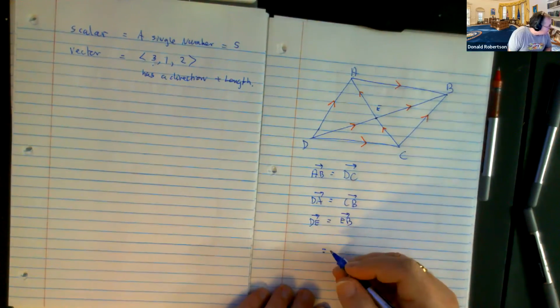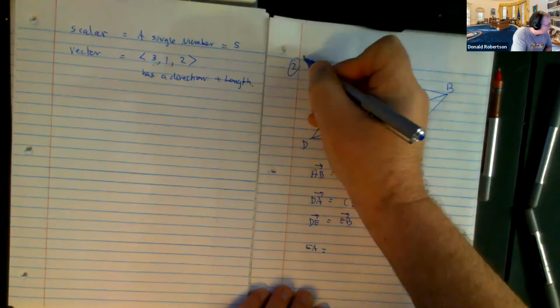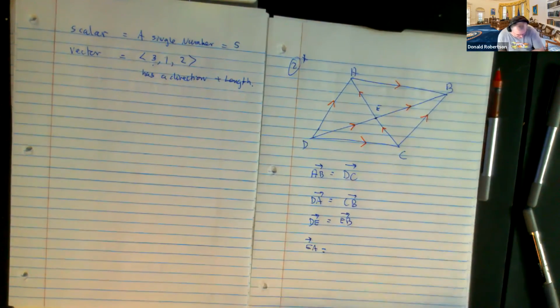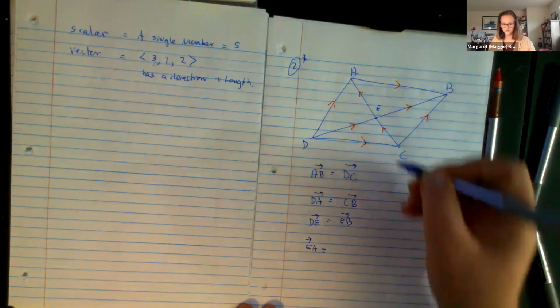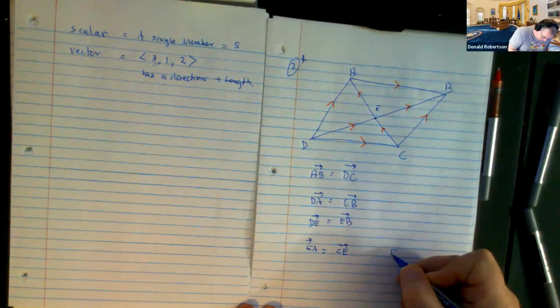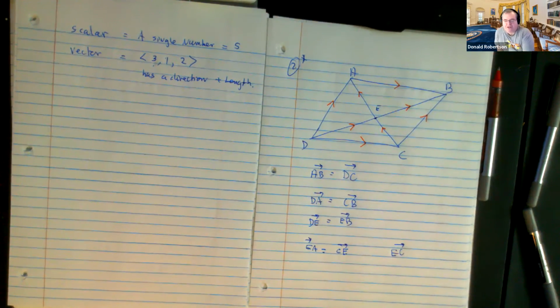And last but not least, let's get this question 2 out of the way. What's EA the same as? CE. Okay. Why is it not the same as EC? It's similar, but it's not the same as EC.